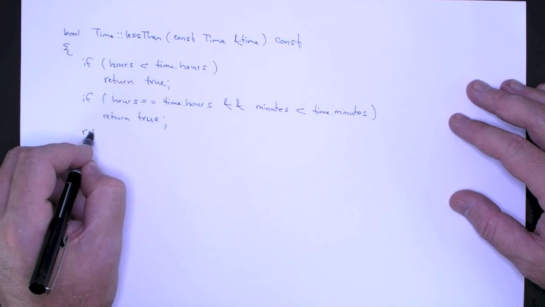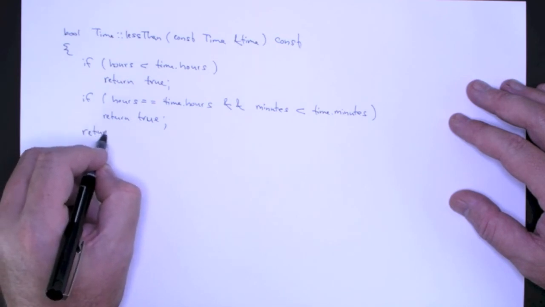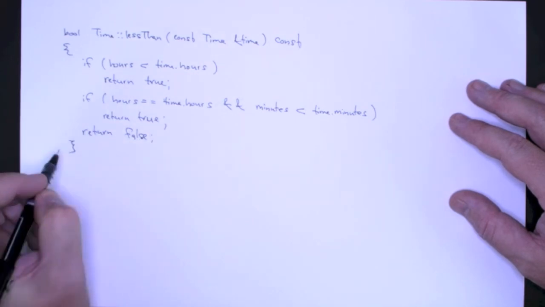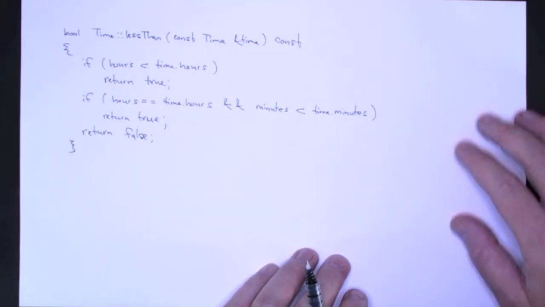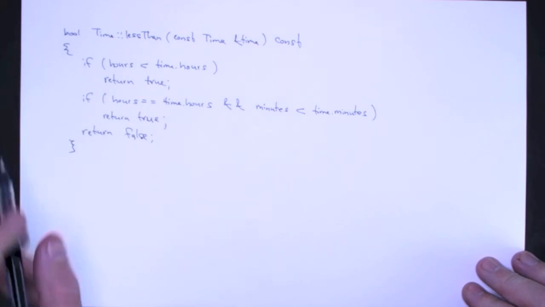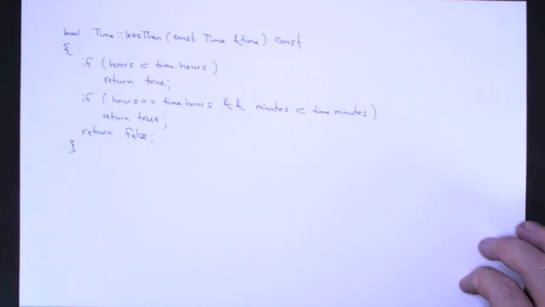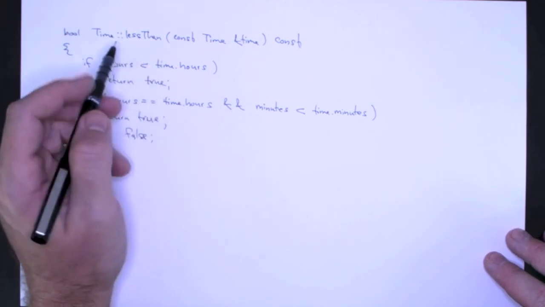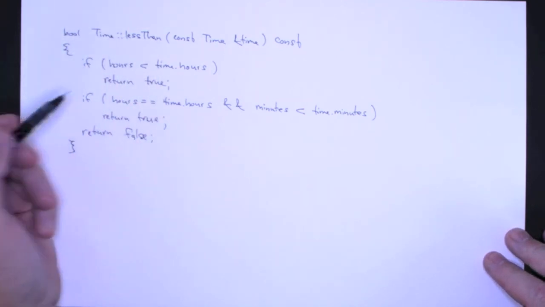But if I reach this point, then I have to return false. So that's an implementation of the less than operator. Well, actually a method called less than. We're going to look at how to implement the less than operator.